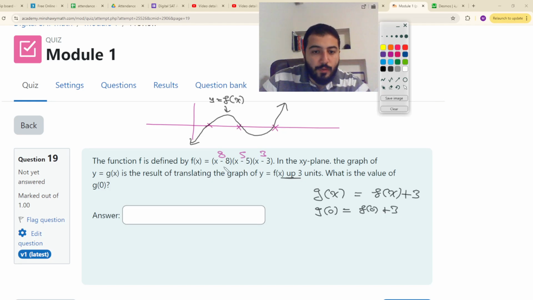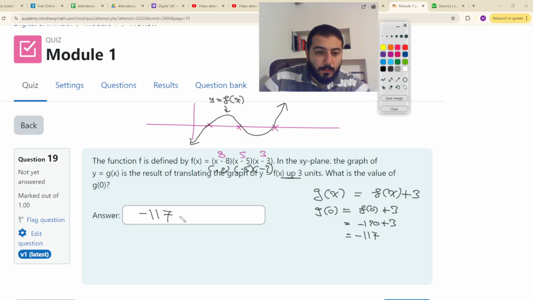What is the value of f of 0? Let's put x as 0. f of 0 is equal to negative 8 times negative 5 times negative 3. Negative 8 times negative 5 is a positive 40, times negative 3 is negative 120. Negative 120 plus 3 is equal to negative 117.